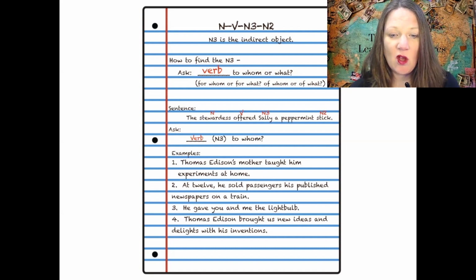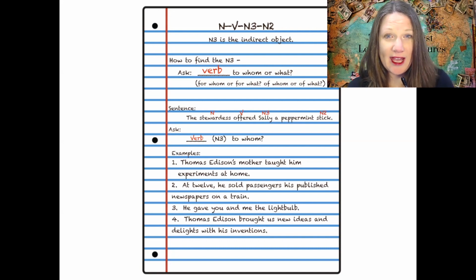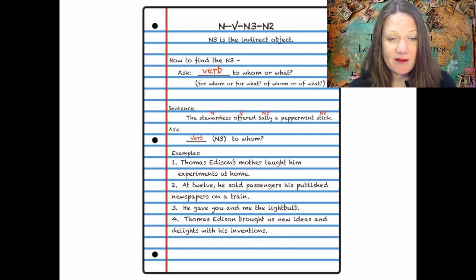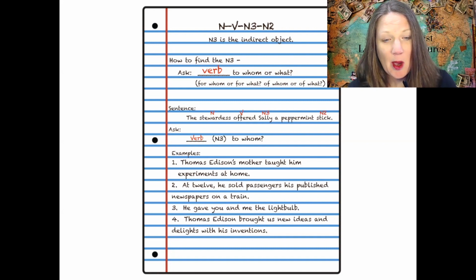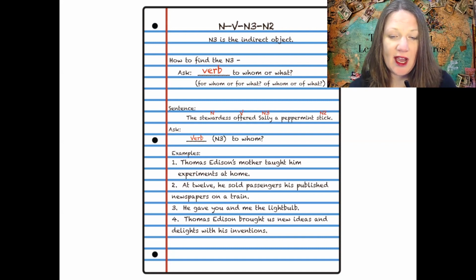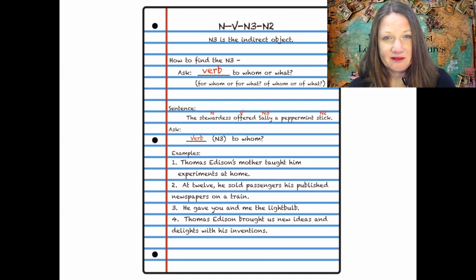Number 3, he gave you and me the light bulb. Number 4, Thomas Edison brought us new ideas and delights with his inventions. You may pause to finish writing these sentences.